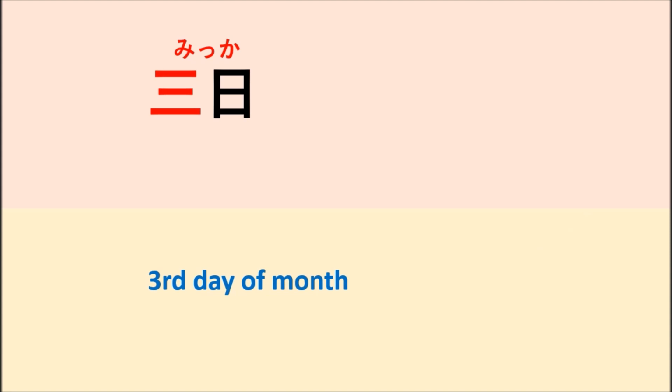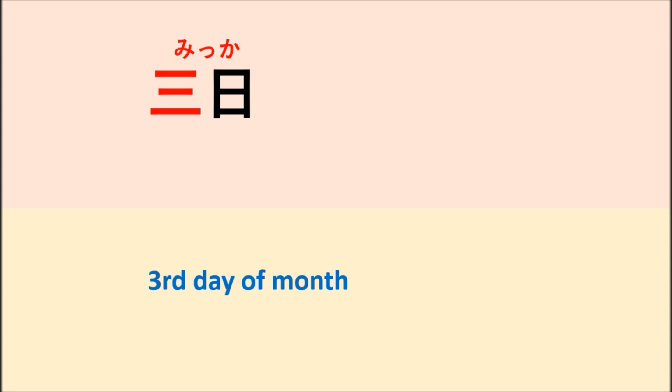When you talk about the sun or the day, you can use nichi or hi to express it. So when you put the kanji of 3 and day, you can say the 3rd day of the month, the 3rd. First, second, third. So you can say 3日, the 3rd or 3rd day of the month.